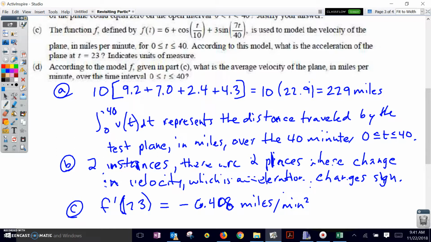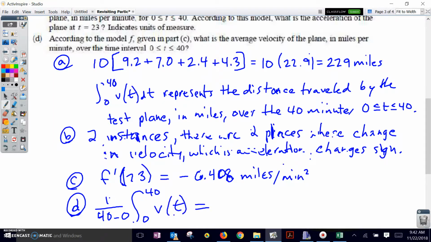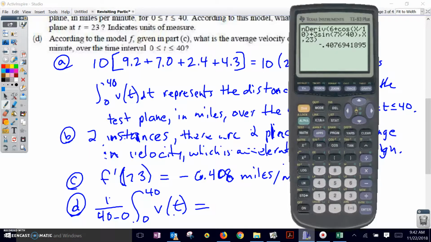Alright, in part D, according to the model, f, given in part C, what's the average velocity of the plane in miles per minute over the time interval? And so this is just going to be 1 over 40 minus 0 times the integral from 0 to 40 of the velocity function. That's how we're going to find average velocity. And so again, I turn to my calculator. I'm going to use the numerical integral this time.